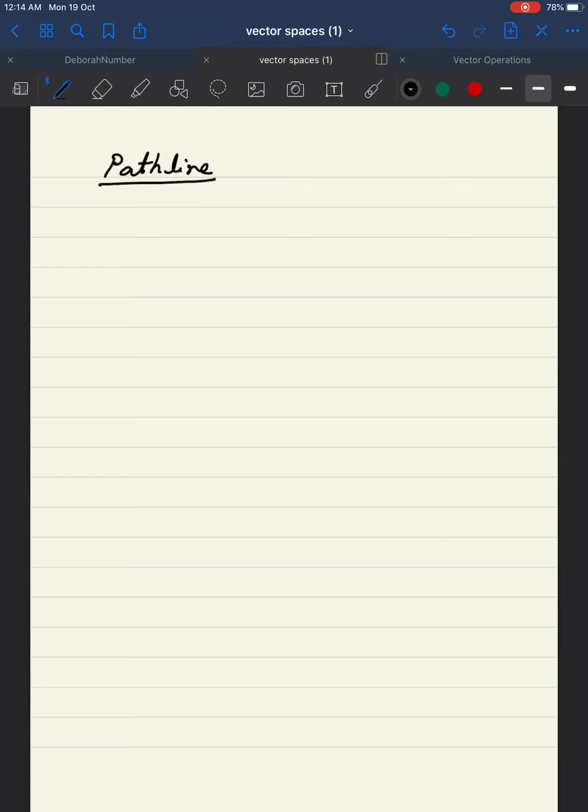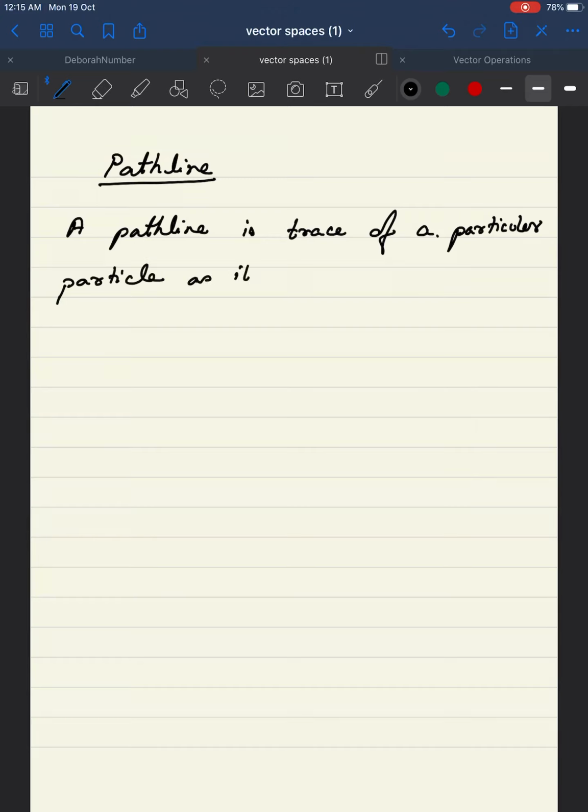So basically a path line is the trace of a particular particle as it moves from one point to another. So it is the actual path that the particle takes.